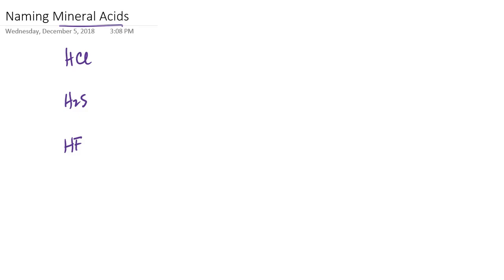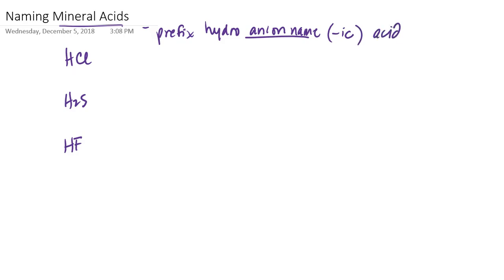Mineral acids will always have the prefix hydro. Then I'm going to use the anion name, and I'm going to modify it with an IC suffix and finish off the name with the word acid.